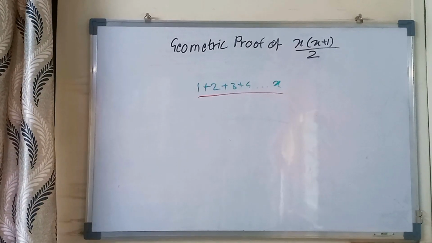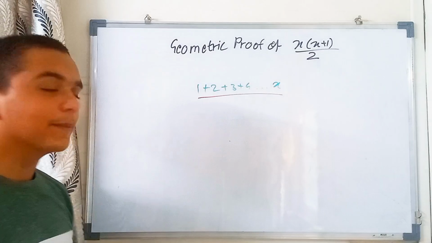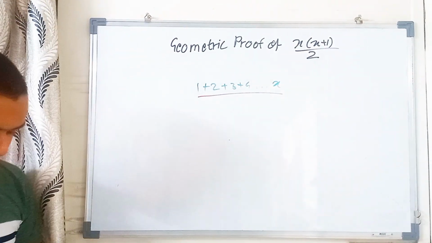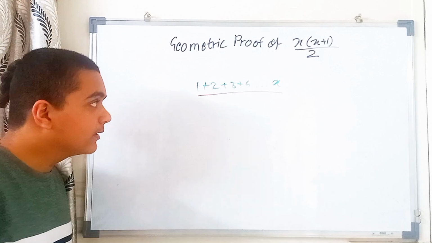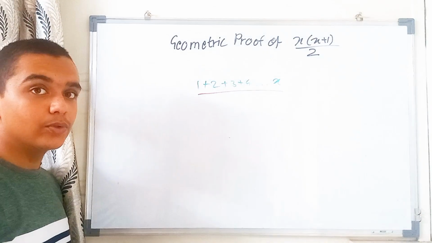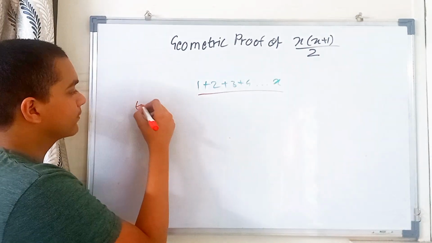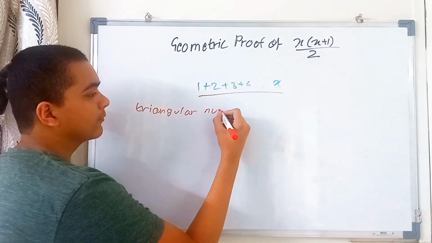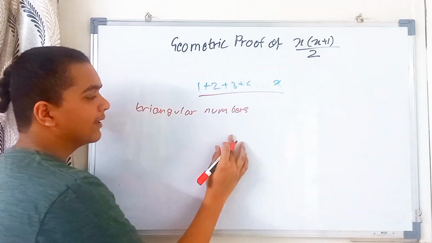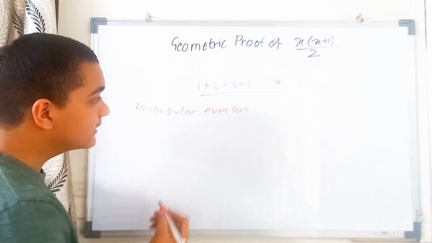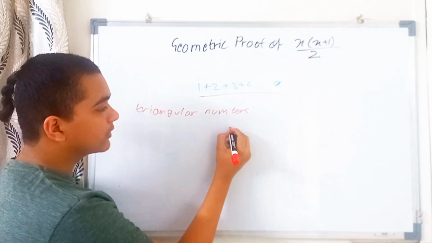Now we will find the geometric proof of x into x plus 1 upon 2, which is applicable for this series, where x is a natural number. To find the geometric proof, we must understand a concept known as triangular numbers. Basically, these triangular numbers are represented by a set of dots.